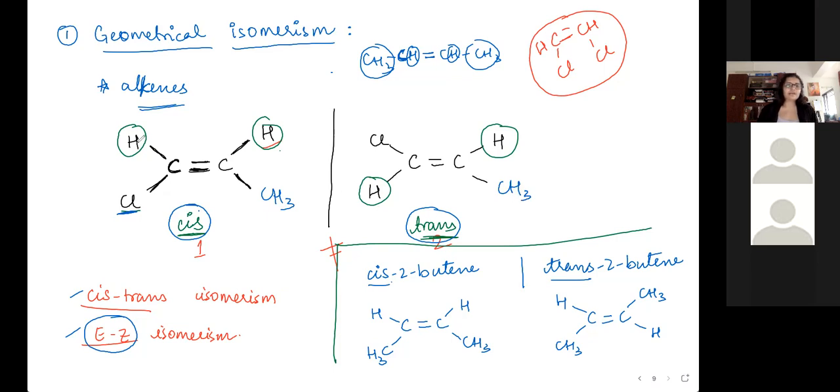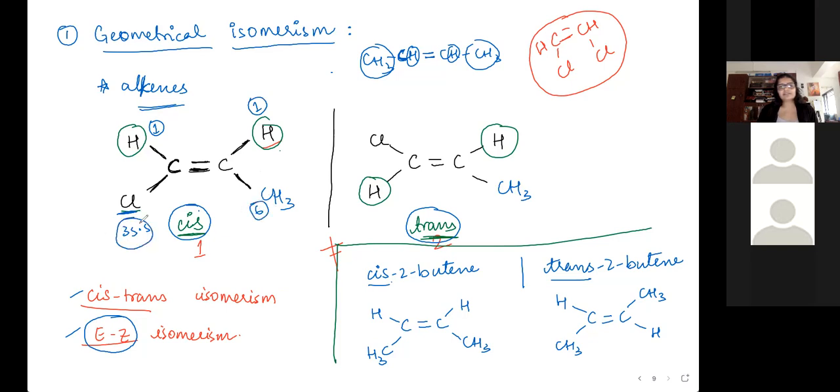So when you have different atoms on both the sides, then you use the notation of EZ. So then you look at the atomic number or atomic mass essentially. Atomic mass of hydrogen is 1, chlorine is 35.5, this is 6, and this is 1, right?